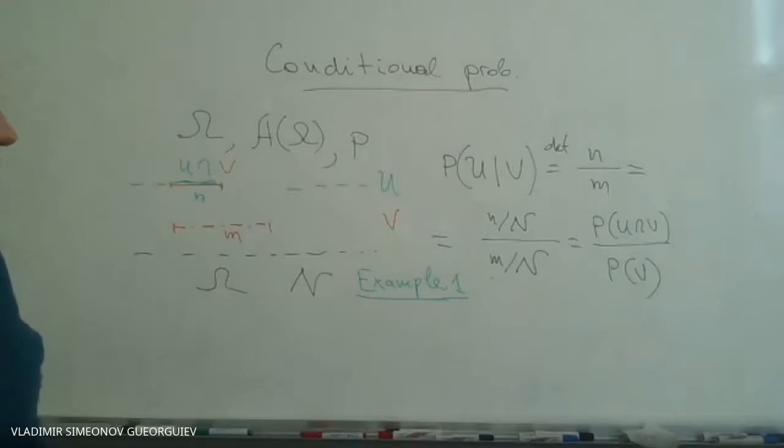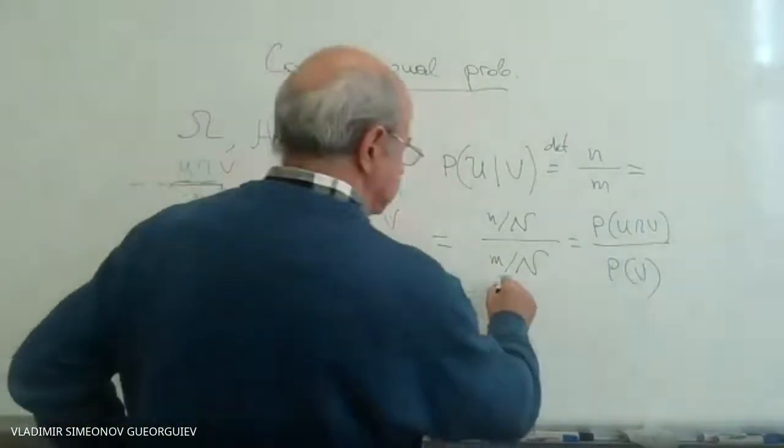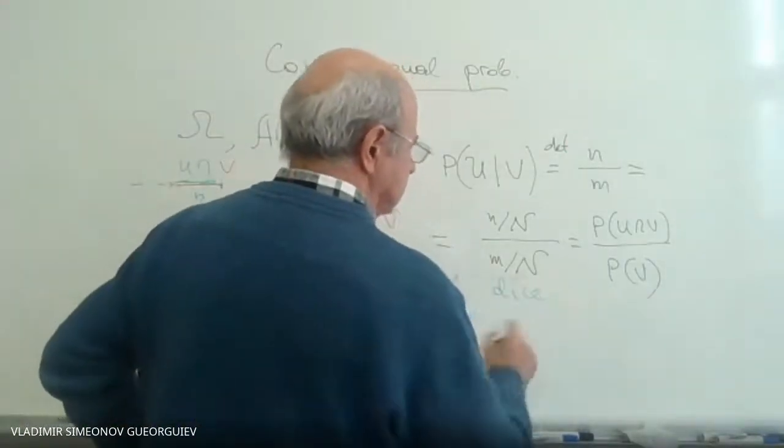We know that, for example, let us make this example interpretation connected with the example we started last time. If we have dice, so the example is connected with dice.